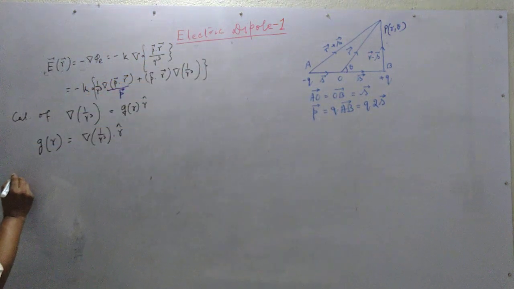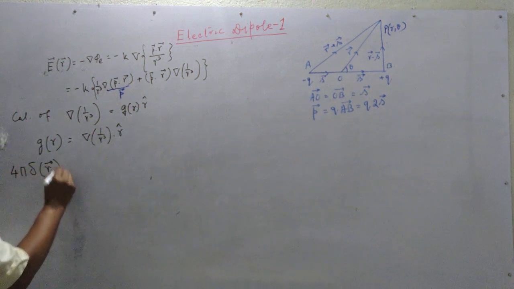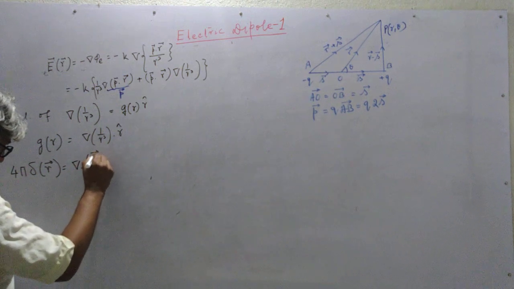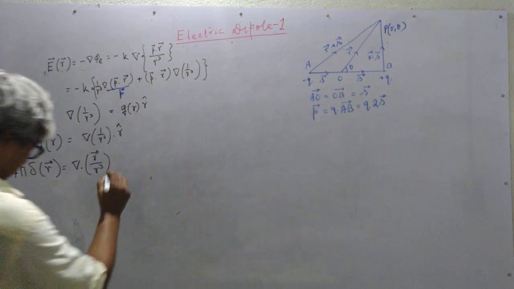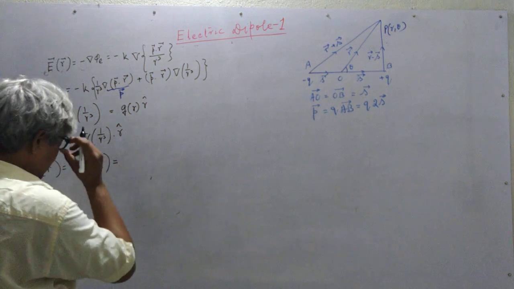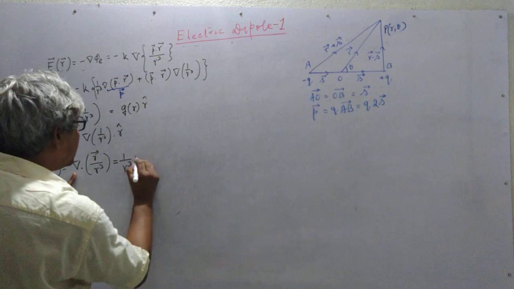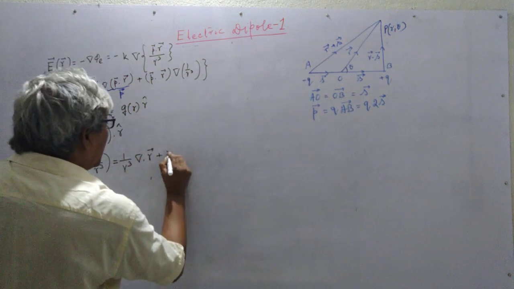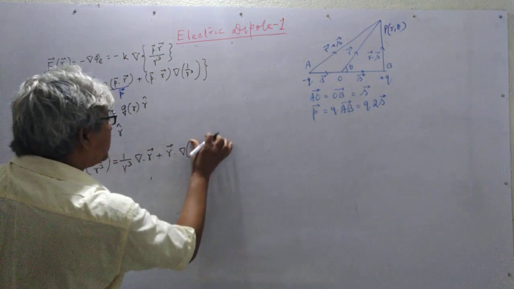So we recall a vector identity involving the delta function: delta of r is equal to divergence of vector r by r cube. This we write as divergence of 1 by r cube times r, thus 1 by r cube divergence of r plus r dot gradient of 1 by r cube.